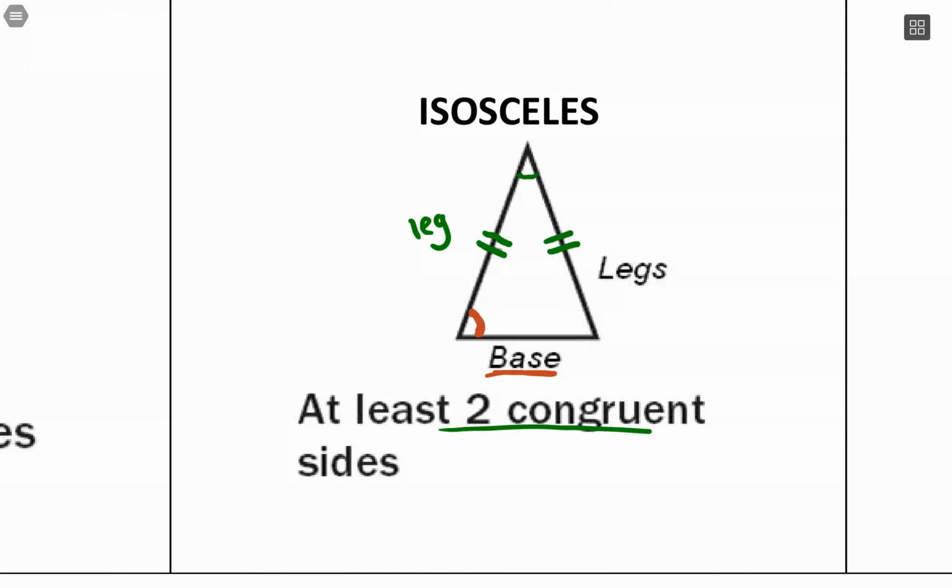The angle measurements at the base are always the same. So your base angles for the isosceles are congruent. That's a property that can help if you're trying to solve for angle measurements. It can help out in filling in those angle measurements, since those 2 should always be exactly the same.